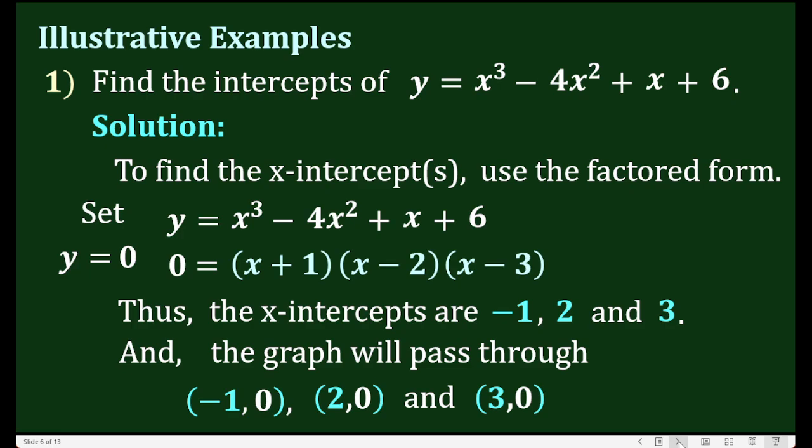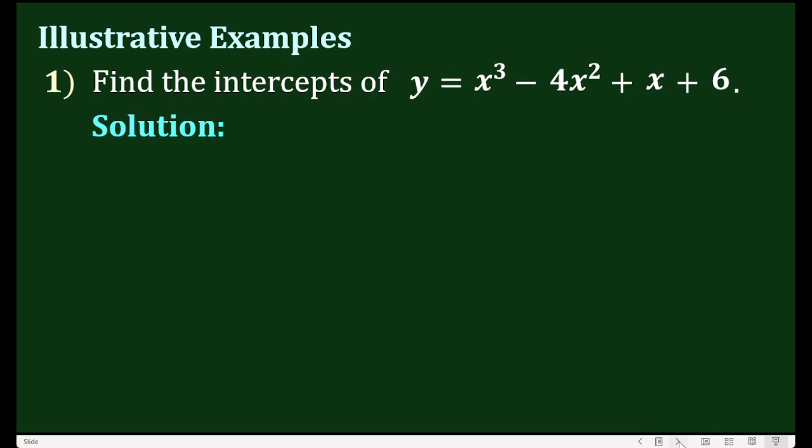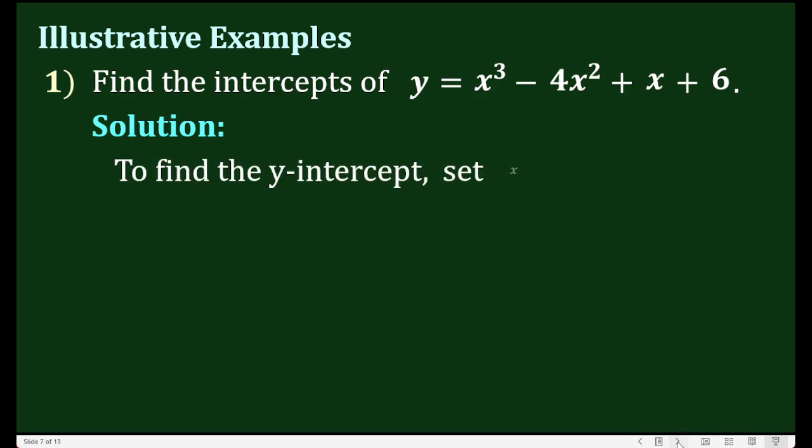Now for the y-intercept, from the given polynomial function, this time we set x to 0 and solve for y. This is again the given function.